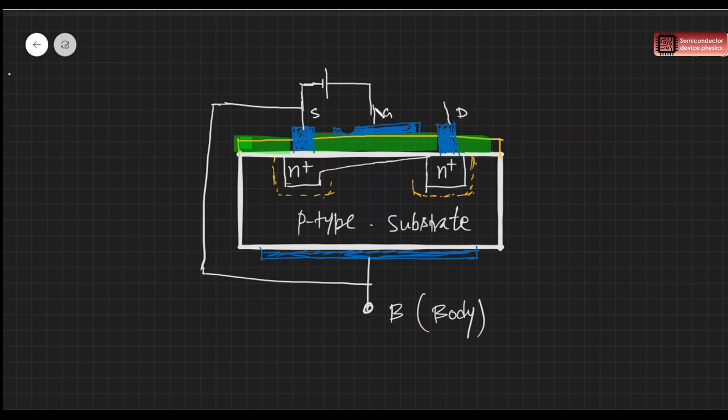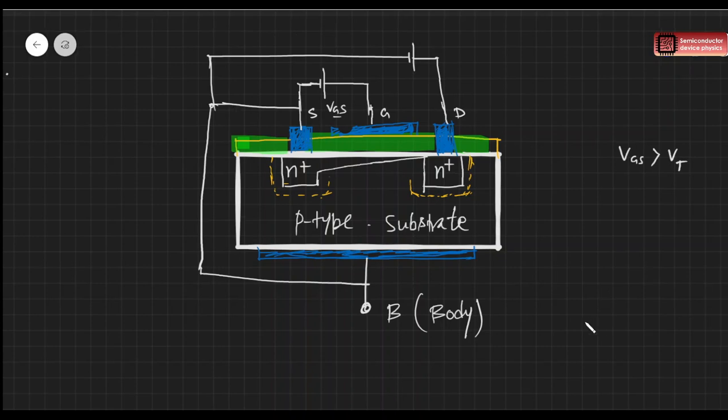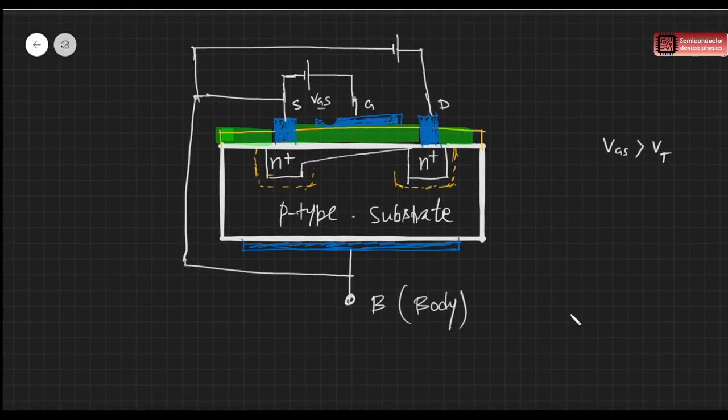We have created a channel by applying a VGS, so VGS is greater than the threshold voltage, but what we are doing is applying a positive voltage in the drain. So this is the VDS, this I wrote already.